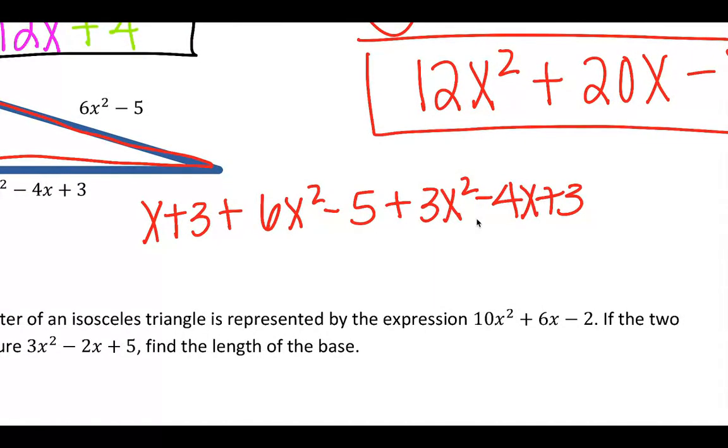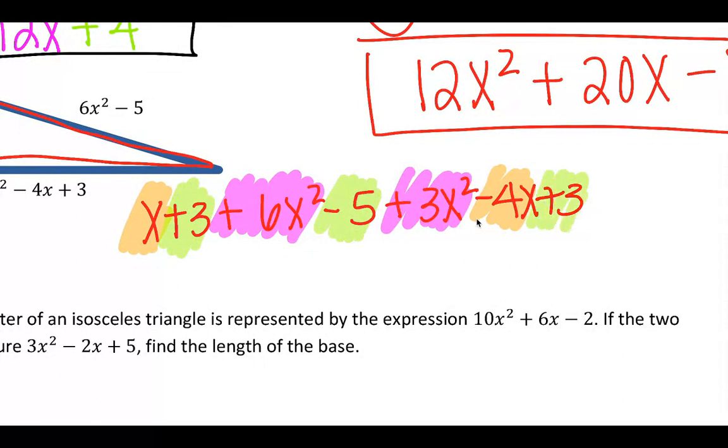And again, I'm combining all of the like terms, so 6x squareds, 3x squareds, and then I've got an x, negative 4x, and then I've got a positive 3, negative 5, and a positive 3. So when I go to do this, 6x squared plus 3x squared gives me 9x squared.